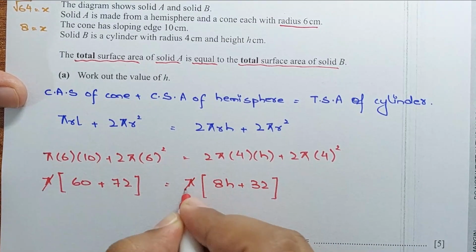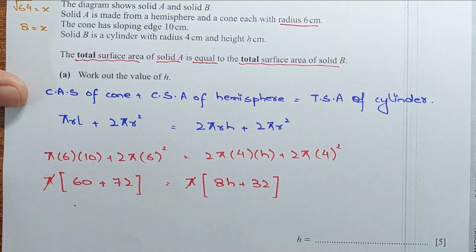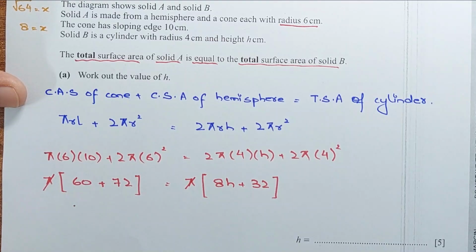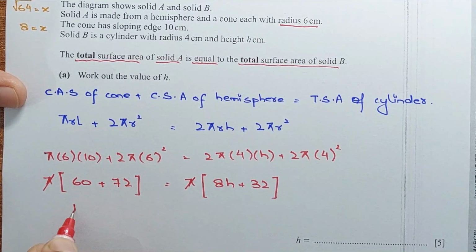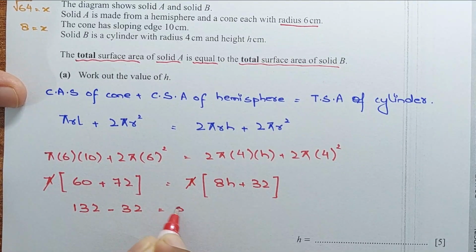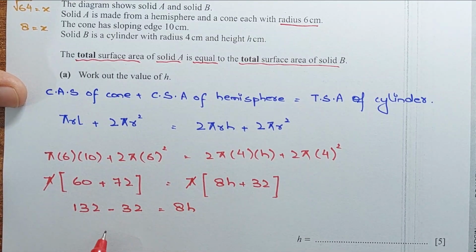Pi cancels out with pi. So we have 60 plus 72, which is 132, minus 32. This is 8h. From 132, take away 32 is 100, over 8. That is the h value.